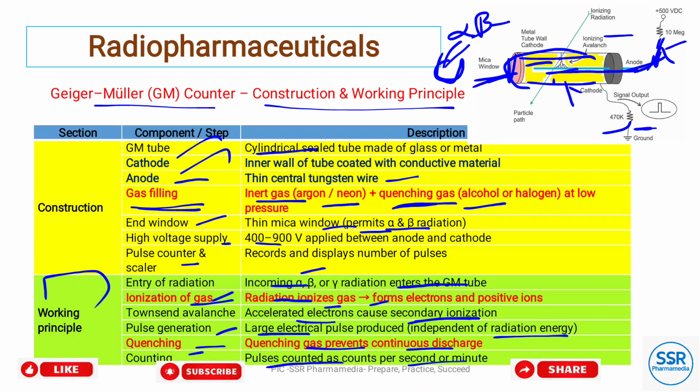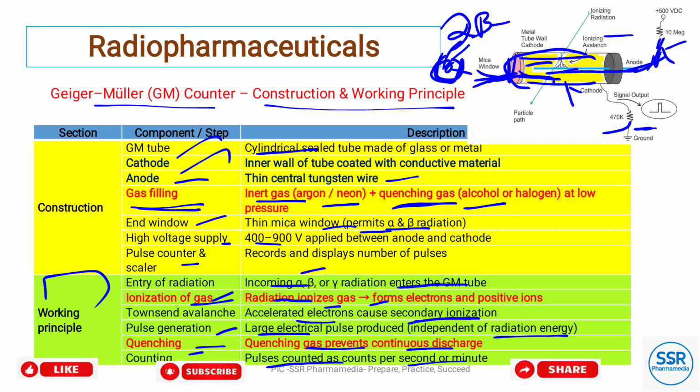First, we keep the radioactive substance in front of the mica window. Through this mica window, the particles emitted by the substance enter the GM tube. The GM tube is already filled with gases. After entering, the emitted radiations ionize the gas molecules.